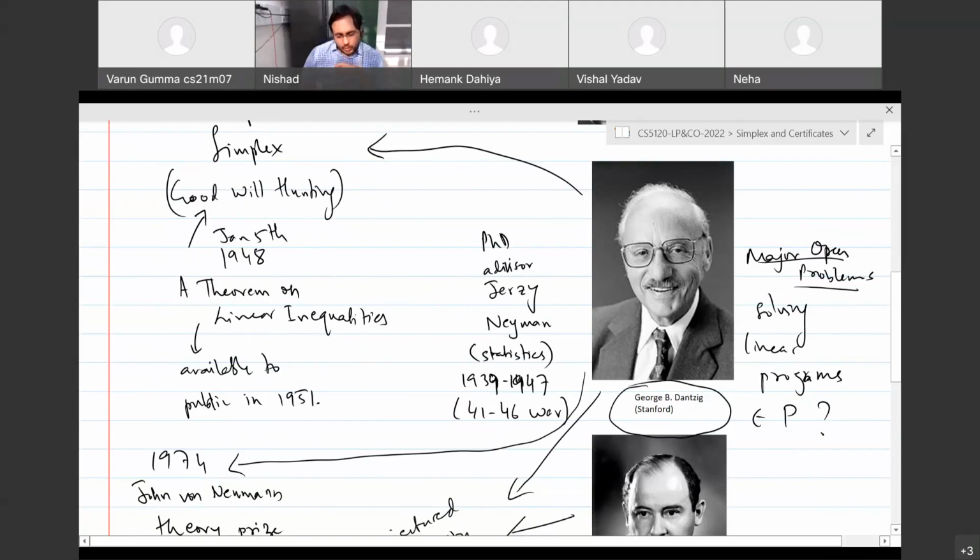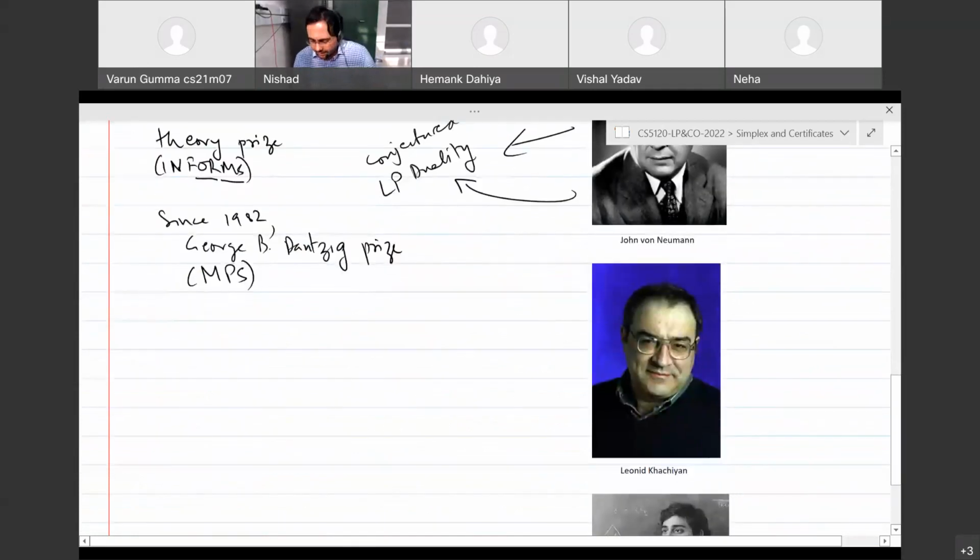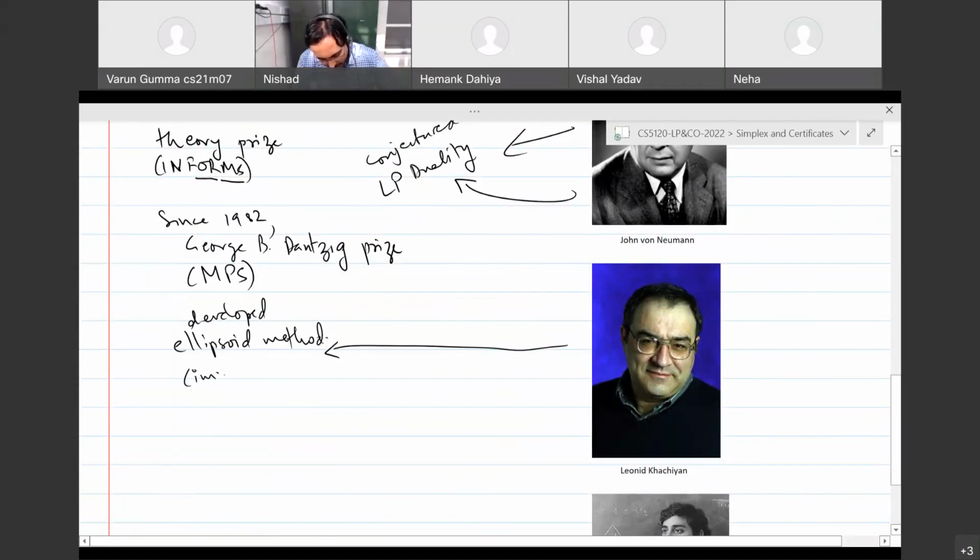So that brings us to Leonid Khachiyan, who was a Soviet and US American mathematician, and who developed the ellipsoid method. It is a completely impractical method if you are considering applying it to real world problems.